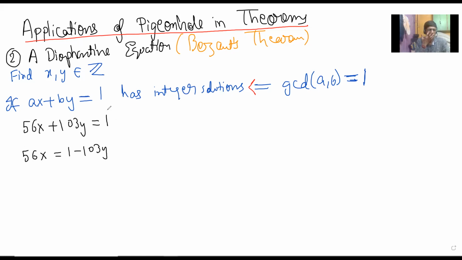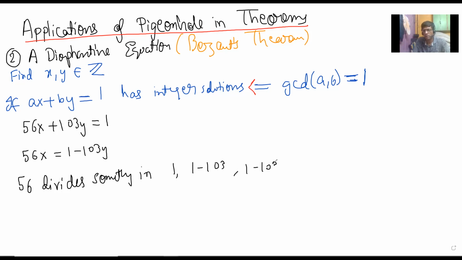Let's just convert this to a pigeonhole type question. What does it mean? It means that we want to show that 56 divides something in this sequence: 1, 1 minus 103, 1 minus 103 times 2, 1 minus 103 times 3, and so on.